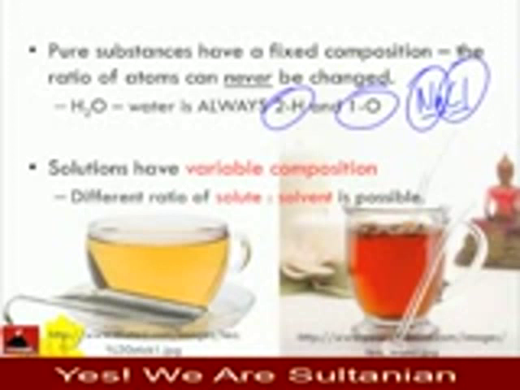Solutions, now when we combine a solute and a solvent together, can have what we call a variable composition. We can have a different ratio of solute to solvent. So here we have an example of us forming tea. We can make it really light.